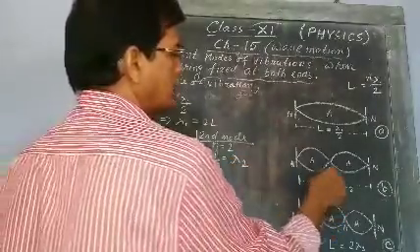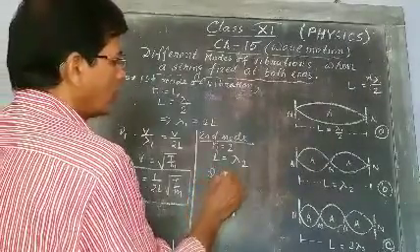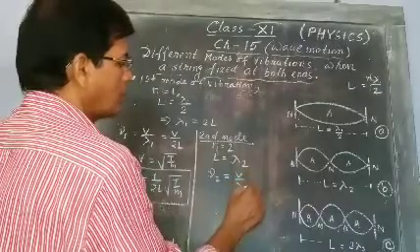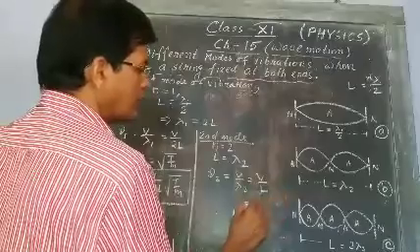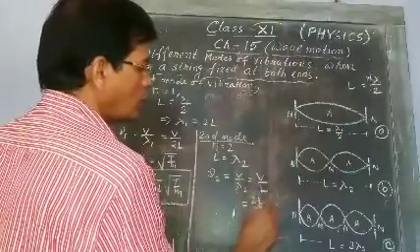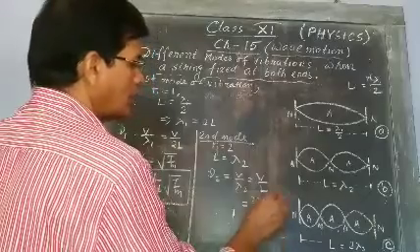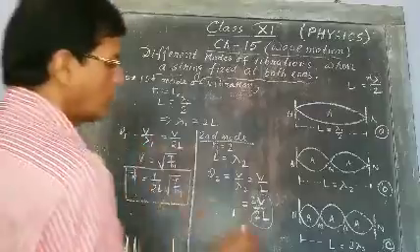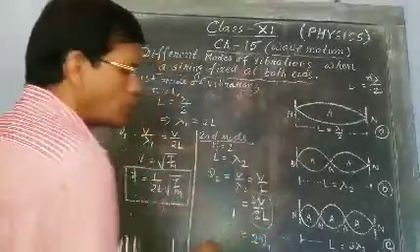Here you see, this is the second one, lambda 2. So what will be nu 2? Nu 2 equal to V by lambda 2, so V by L, which can be written as 2V by 2L. V by 2L means nu 1, so nu 2 equal to twice nu 1.